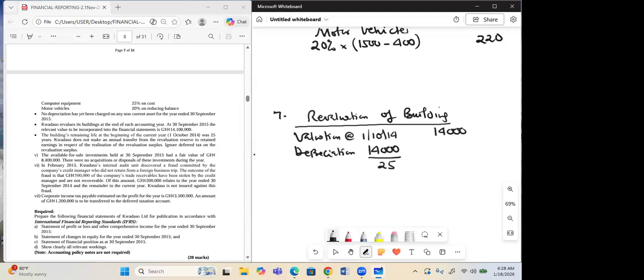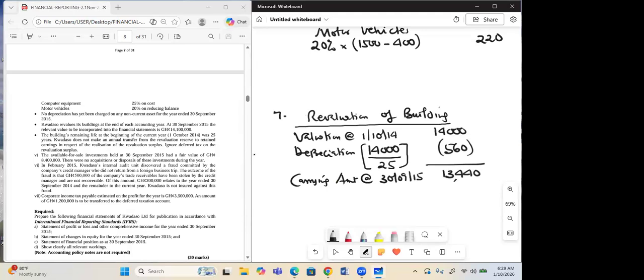What is it giving you? 560. So when we take it out, what should have been the carrying amount at the end of the year? It should be 13,440 at 30th September 2015.